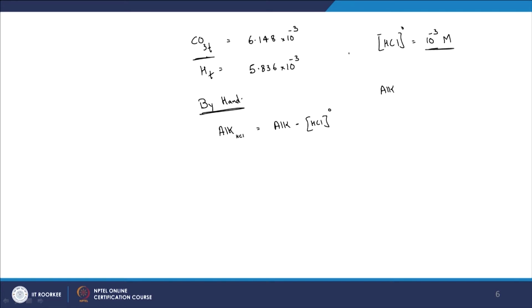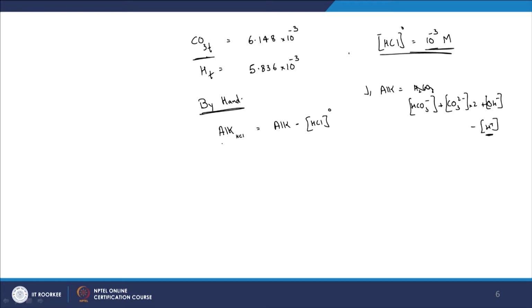Alkalinity, the equation was HCO3 minus plus CO3 2 minus times 2 plus OH minus minus H plus. So when I am adding HCl, what does that mean? That means I am increasing the concentration of H plus, or adding acid here. So that means alkalinity is going to decrease.